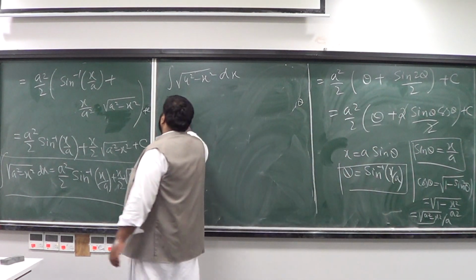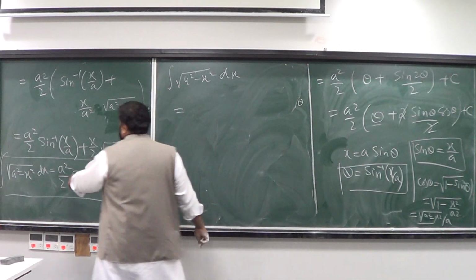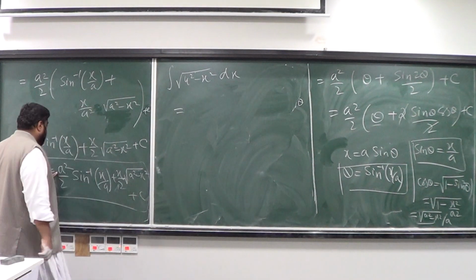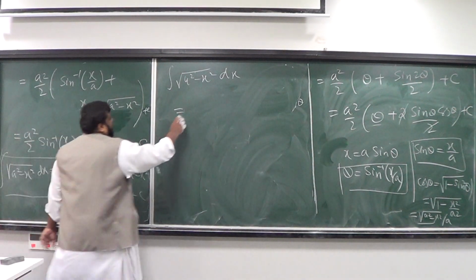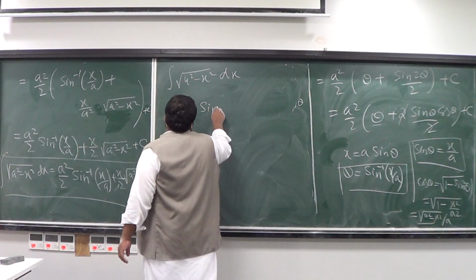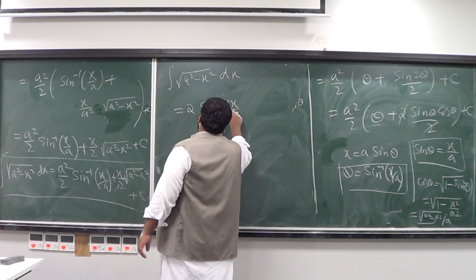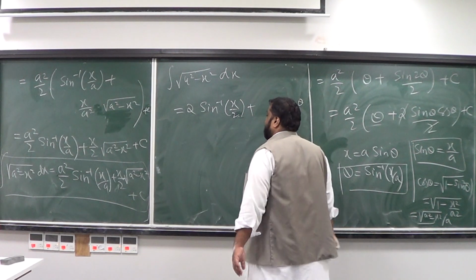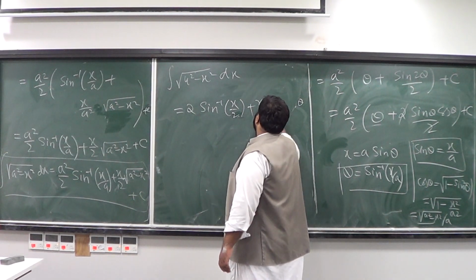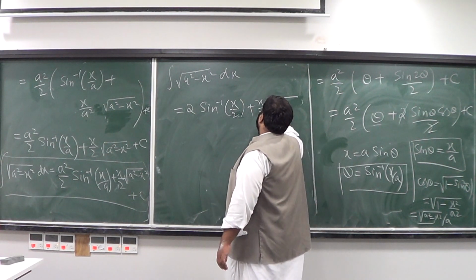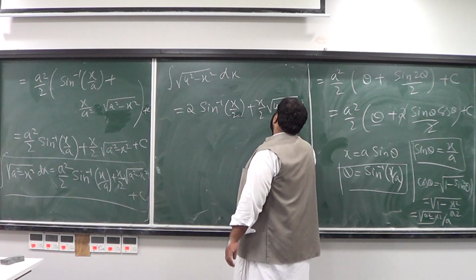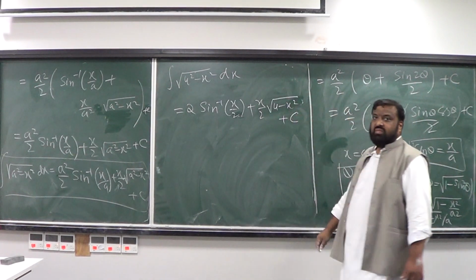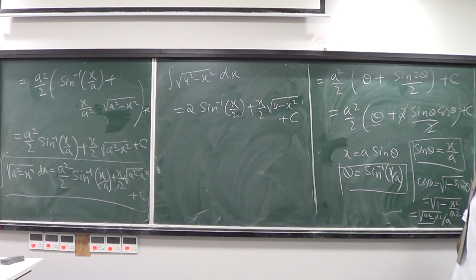So when you substitute a equal to 2 in this formula, this will become 2 square, meaning 4, divided by 2. So this will become 2 sine inverse x over 2 plus x over 2 times the square root of 4 minus x square plus constant.